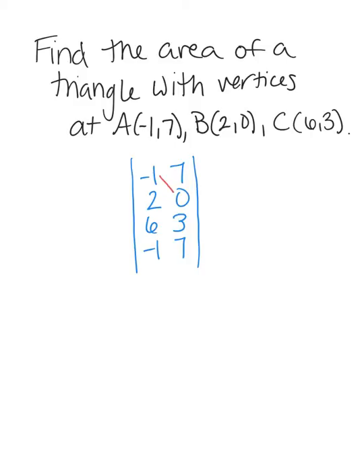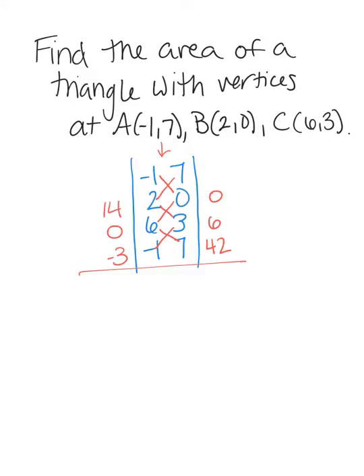So -1 times 0 is 0. 2 times 3 is 6. 6 times 7 is 42. 7 times 2 is 14. 0 times 6 is 0. And 3 times -1 is -3. You can now see the shoelace type formation.